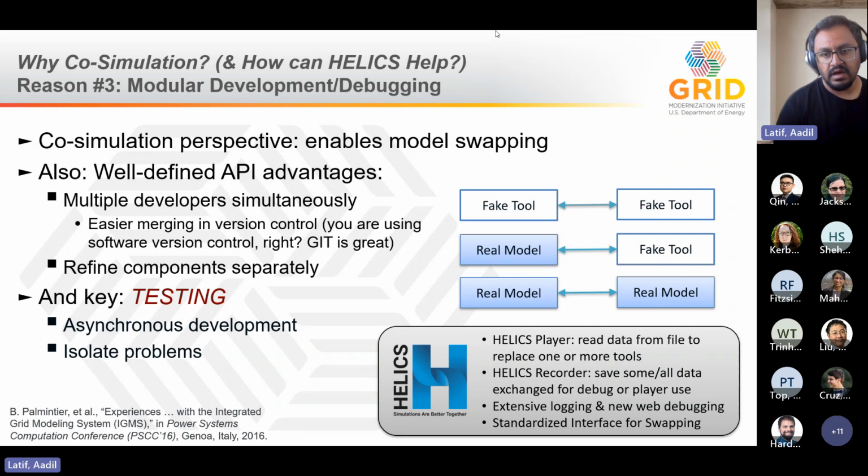So each subdomain expert can develop the Helix interface for the simulator they work with, which means that the development for multiple simulation tools can go in parallel, and then each subdomain expert would be able to actually correctly implement the Helix interface for these pieces.